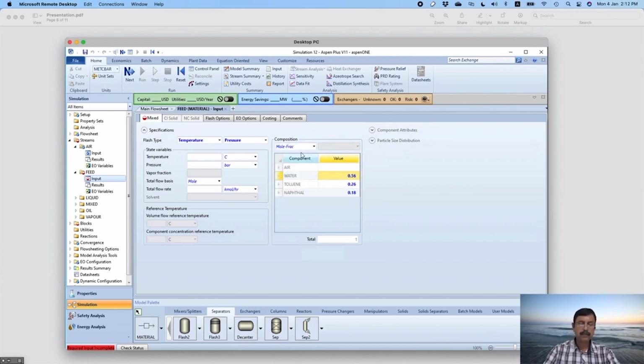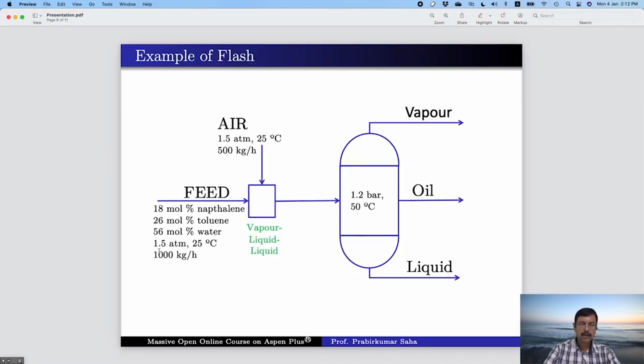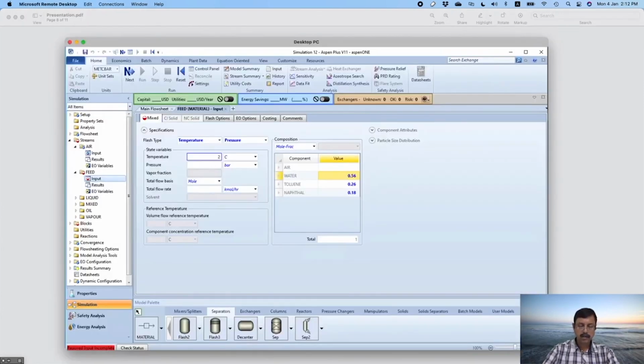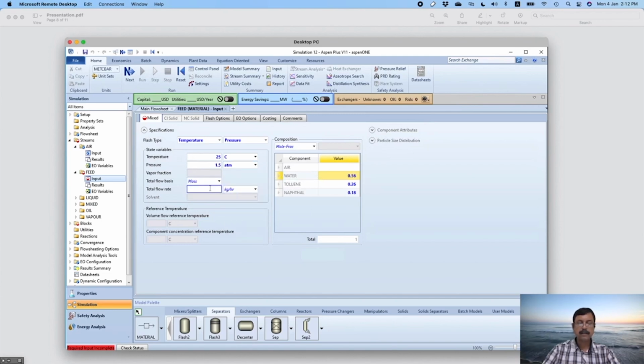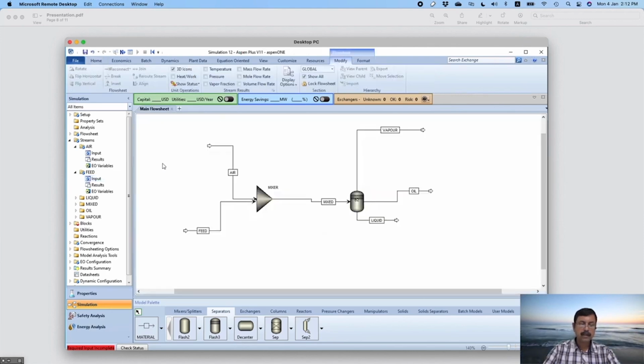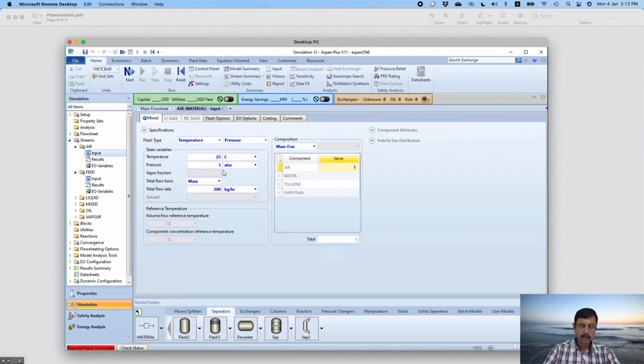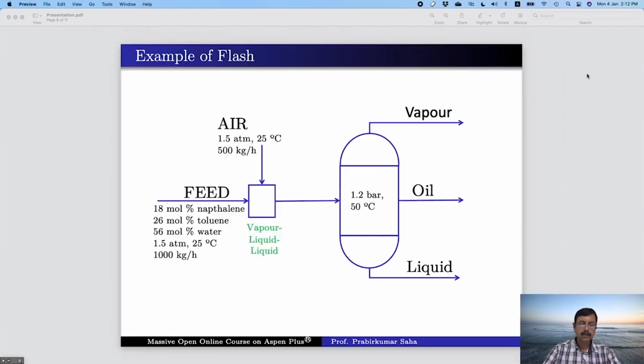Total is 1. Temperature 25, 1.5 as before. This is 1.5 atmosphere and mass flow is 1000 kg per hour. So this is defined. We have made a small mistake with air, so let us correct that. Actually, this is not 1 atmosphere, it is 1.5 atmosphere, right? So we make that correction.